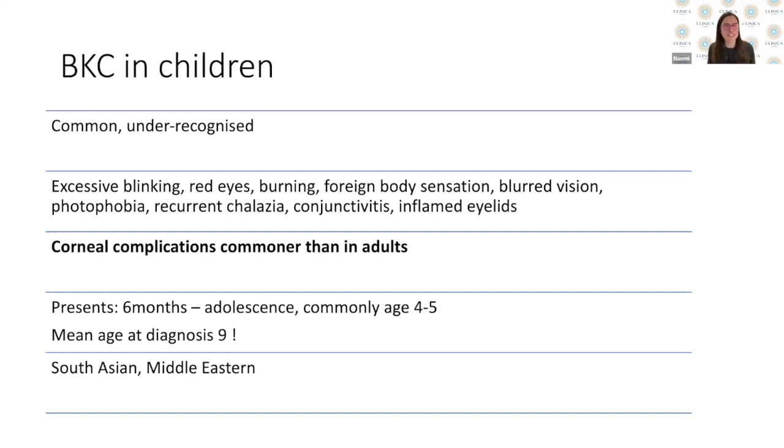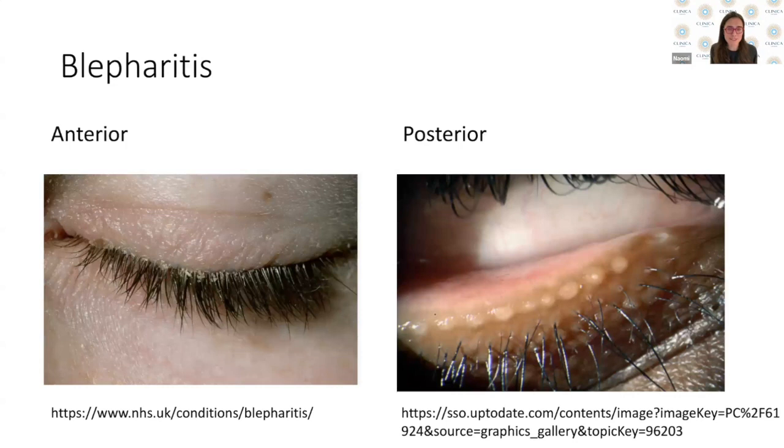My impression is that often children may have been grumbling along for a really long time before they get into the clinic. So there might be not a delay to diagnosis, but a slowness in recognizing that there's an issue. And again, South Asian and Middle Eastern children are a bit more at risk.